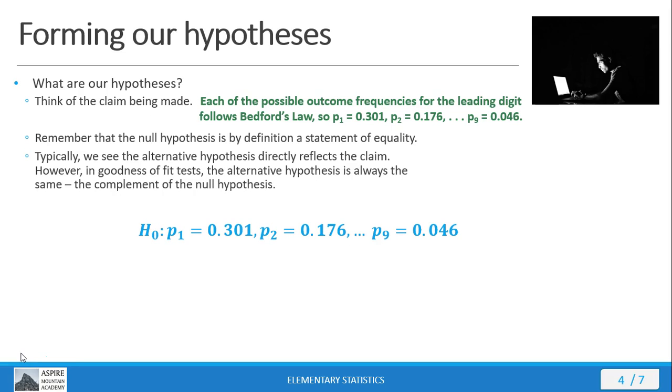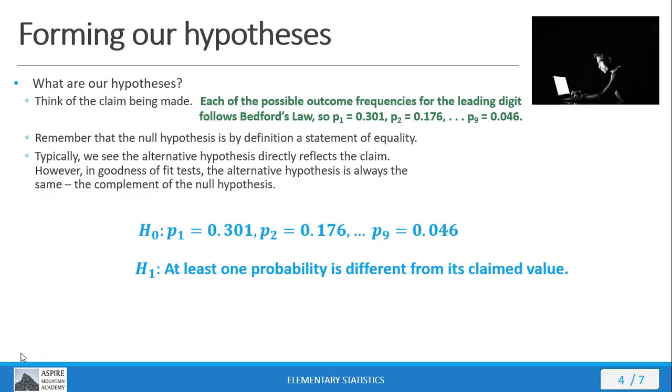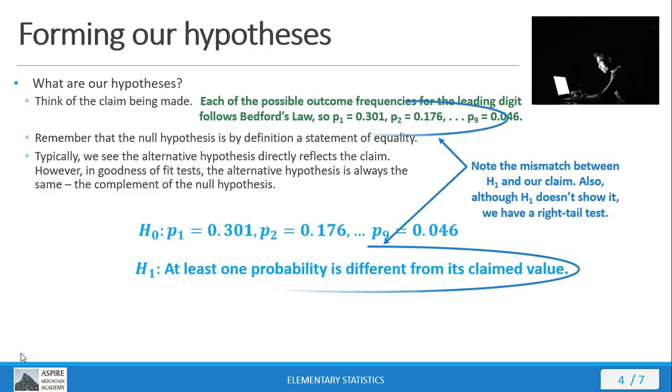The alternative hypothesis typically reflects the claim, but for goodness of fit testing, we actually have to take the complement of that. And so at least one of those probabilities is going to be different from the claimed value. There's of course a mismatch here, but that's okay. With goodness of fit tests, it's a right-tailed test.